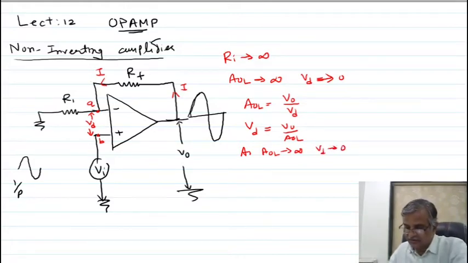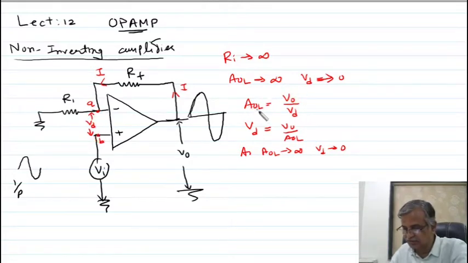Listen, due to infinite input impedance, the input terminal of the op-amp does not draw any current. Due to infinite open loop gain of the op-amp, the voltage drop between two input terminals of the op-amp, that is Vd, tends to 0.